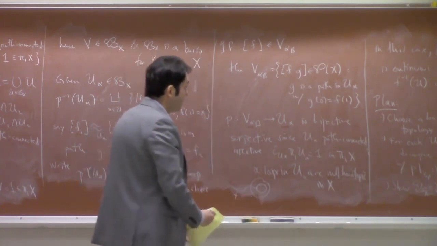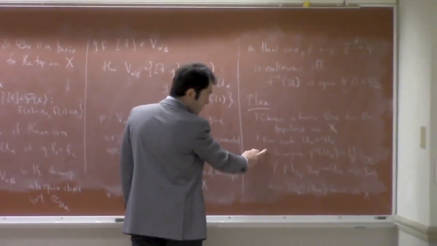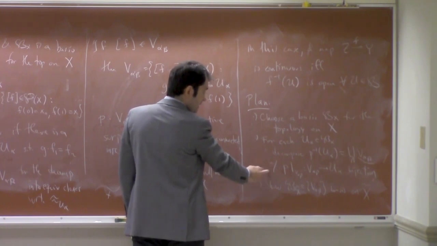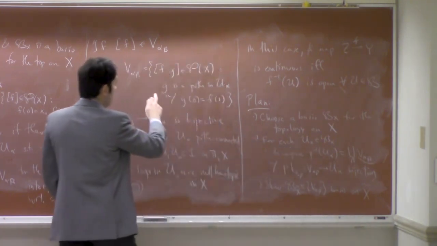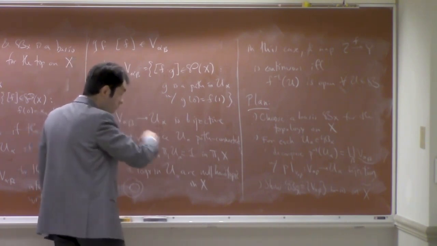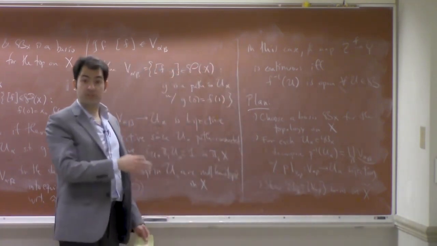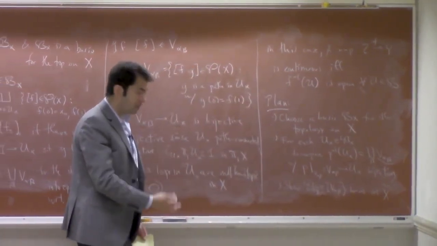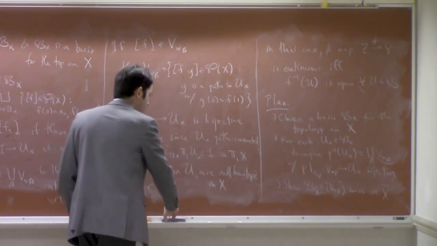So wonderful. We've got a basis for the topology on X, and it does have this property that it breaks up the preimage of P into slices that then P puts in bijection with U alpha. So what we need to show is that if you just take these slices as subsets of X tilde, you get a basis for a topology, and then that topology will make P a covering map.